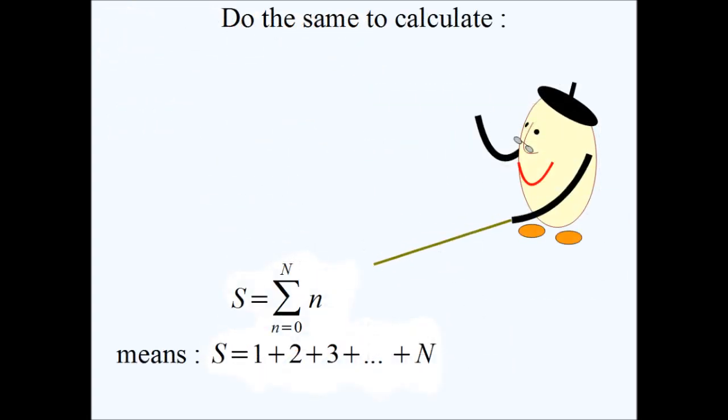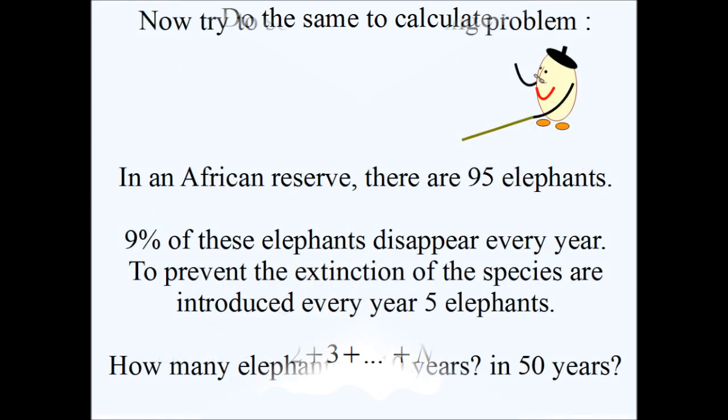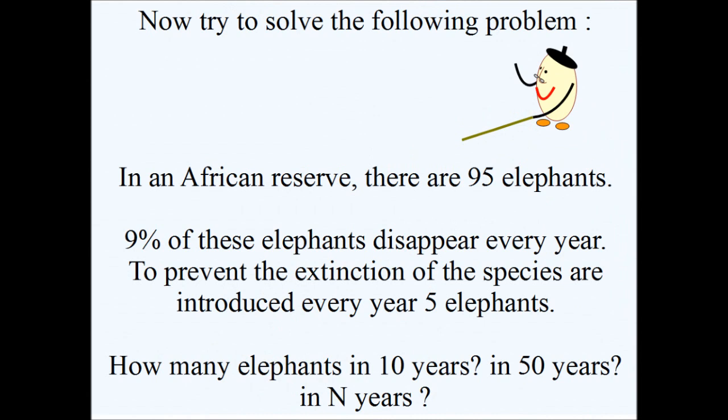We start with 0 and then we calculate. And so you can do the same for the sum of the n first integers. And a problem, the elephant problem, if you want.